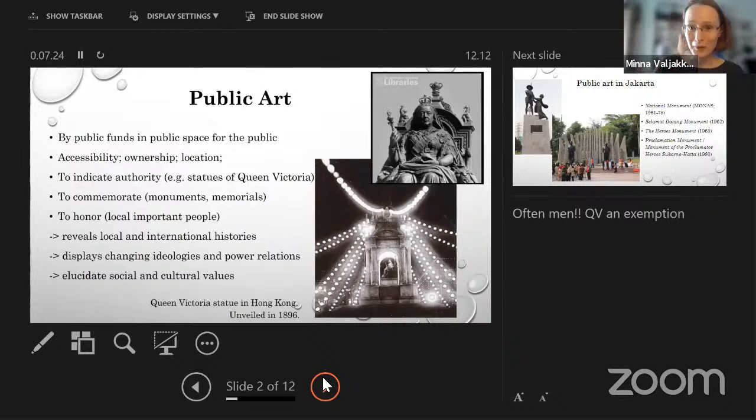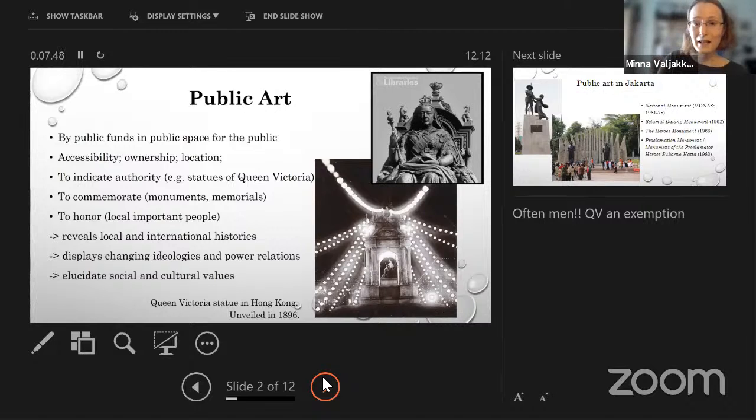So where are the colored people? Where are the minorities? Where are the women? Where are the children? What we represent in the public space through public art really tells about the society. And hence, I think it's a very interesting topic for anyone to touch upon, at least once in a while.